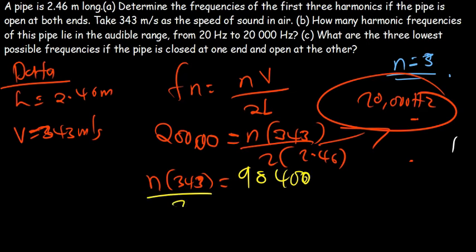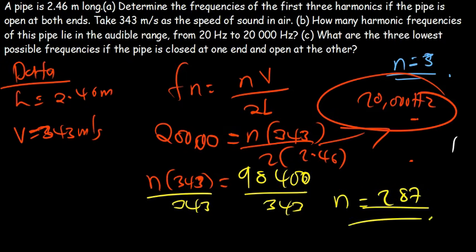Divide this by 343, and n will be equal to 286.9, which I can just say is 287. So n has to be 287 for us to reach the audible range.